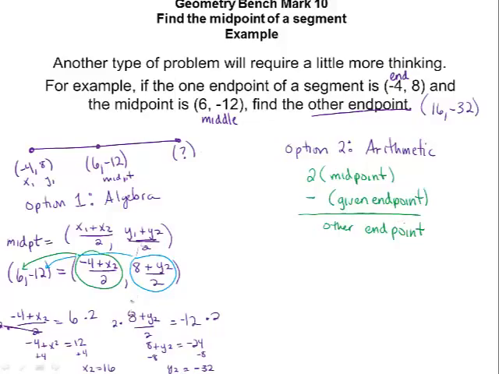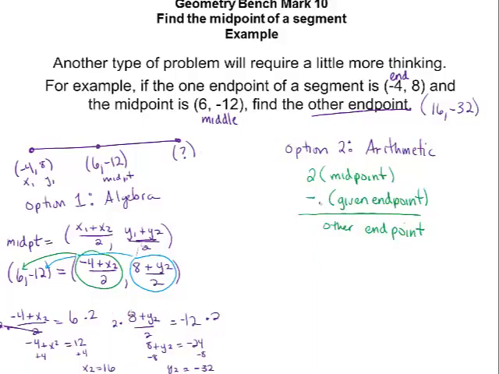Okay, it's actually the same process. As you can see here, I'm multiplying 2 times the midpoint, and then I'm subtracting. Minus negative 4 is actually plus 4, so I'm subtracting the endpoint. I'm doing the same process, just without the algebra.